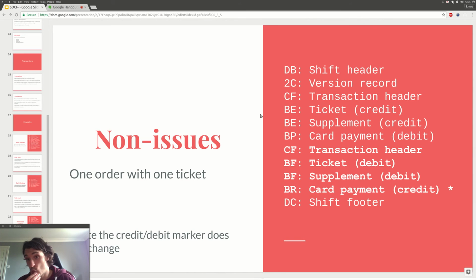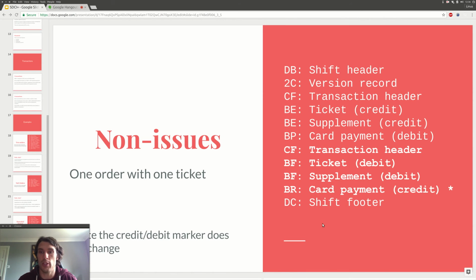But it goes wrong, and so there is a non-issue created, which is a BF record and a BR record. So not every record type has a non-issue version, but these ones do.